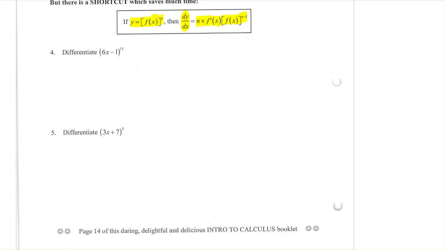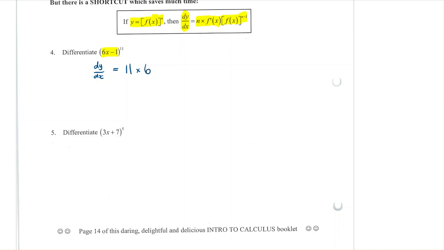If I want to differentiate 6x take away 1 all to the power of 11. So if that's the y, I can go straight to the derivative dy over dx. The rule says bring the power down to the front, which is 11, multiply by the derivative of the function. The function is the bracket, so the derivative of that bracket is just the 6 that is in front of that x.